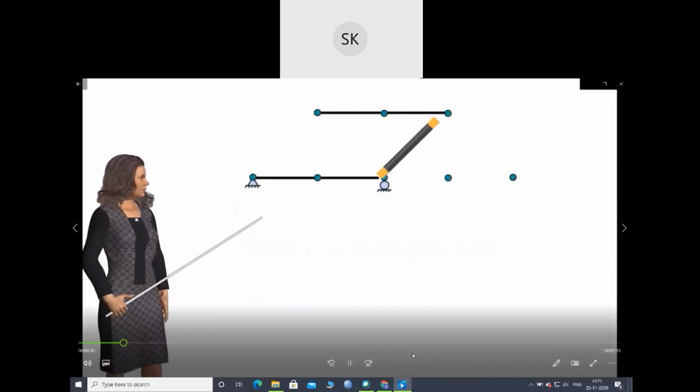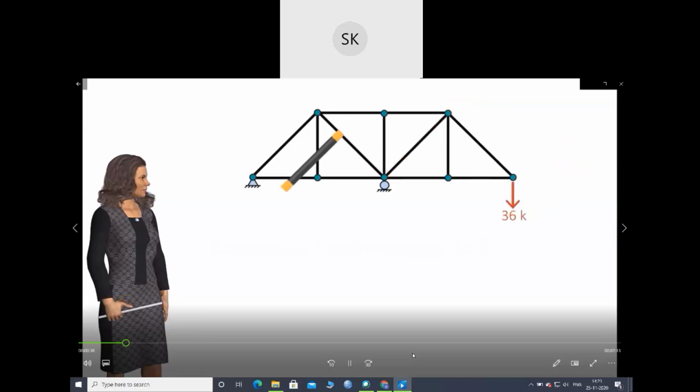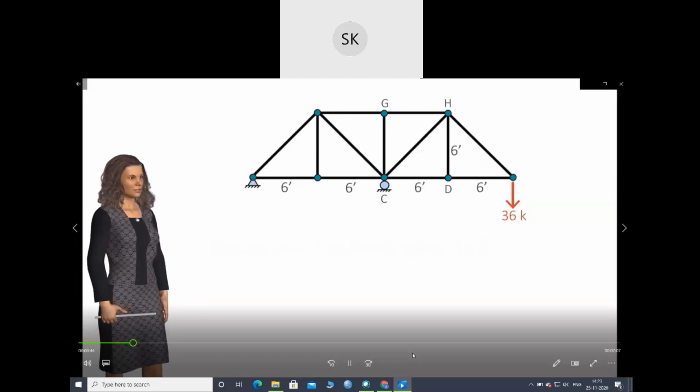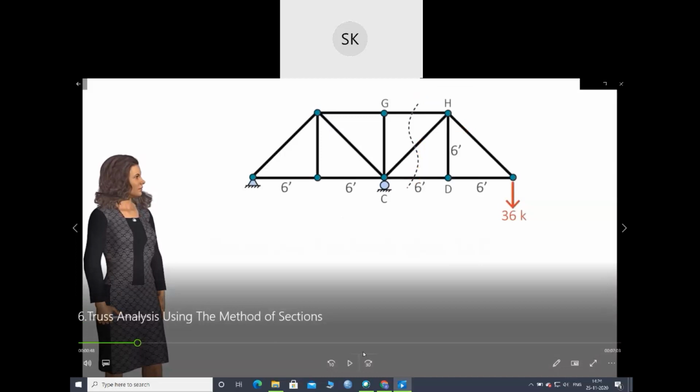Consider this statically determinate truss. Suppose we want to calculate the force in member CD only, without analyzing the entire structure. We can do this by cutting through a few truss members.